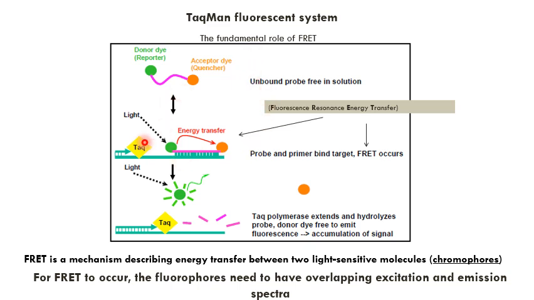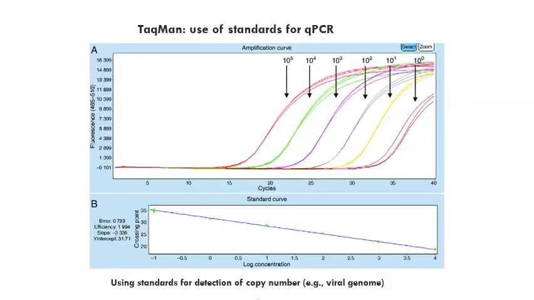Once there is some light source on the reporter, it will transfer the energy to the quencher, and therefore they will detach and emit their fluorescence, and the accumulation of the signal will be reported as a spectrum or some peaks that will detect the quantity of the target DNA.